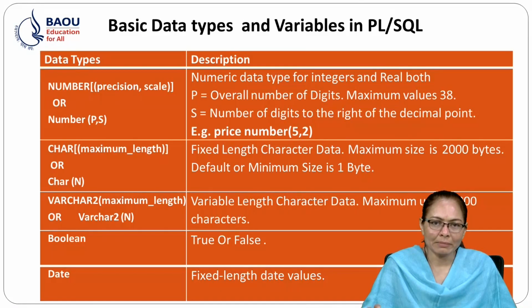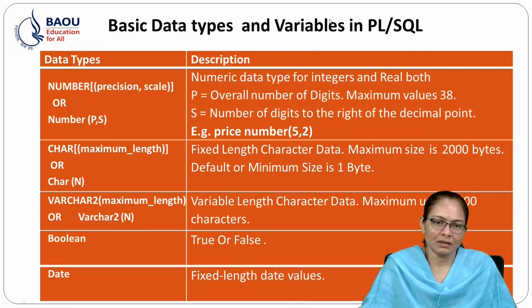The scalar type has no internal components, and the composite type has internal components that can be manipulated individually. PL/SQL mostly uses the following data types: number, character, varchar2, boolean and date. These are the basic data types used in SQL as well as PL/SQL.